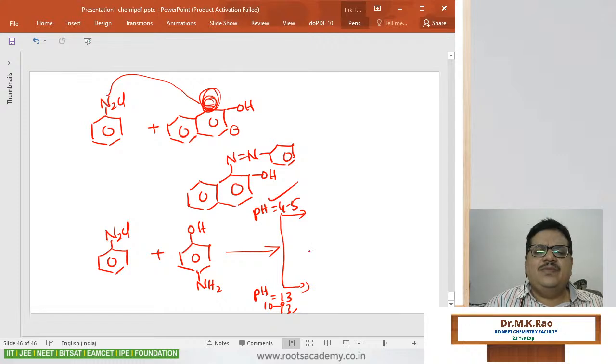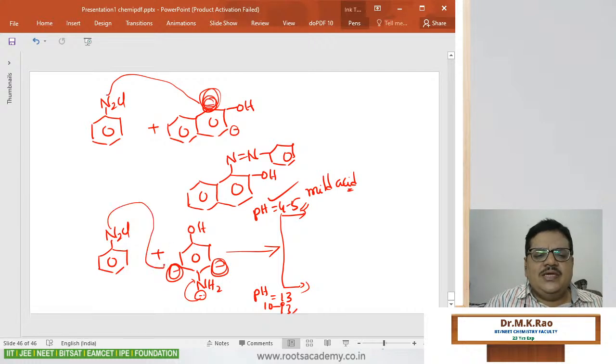In mild acidic media, the amino group dominates, with more negative charge here, so coupling takes place this side. Therefore it forms OH here, NH2 is there, N double bond N, benzene ring.